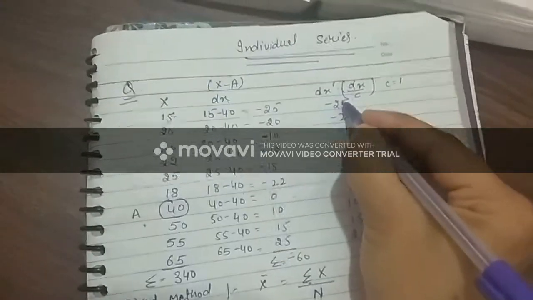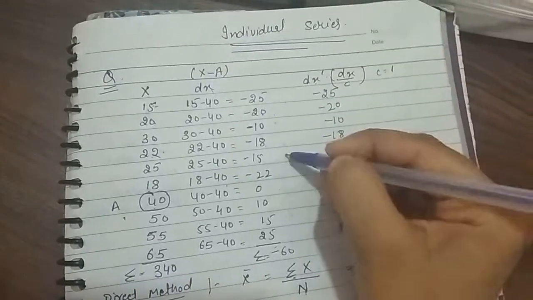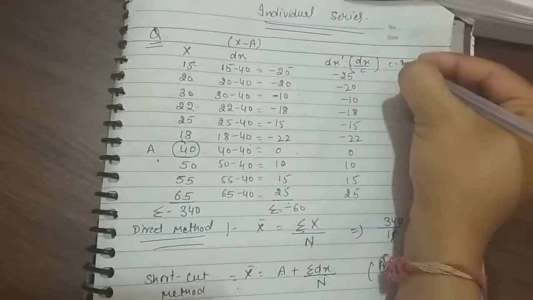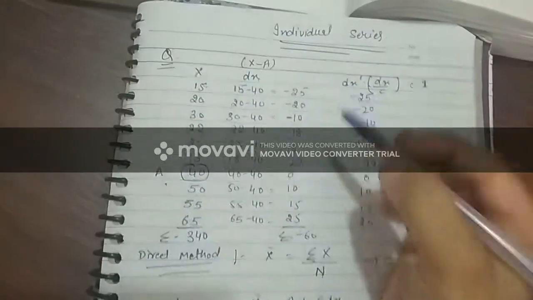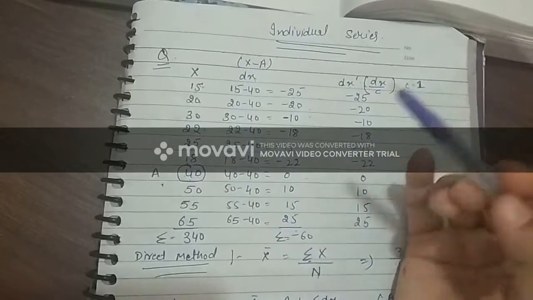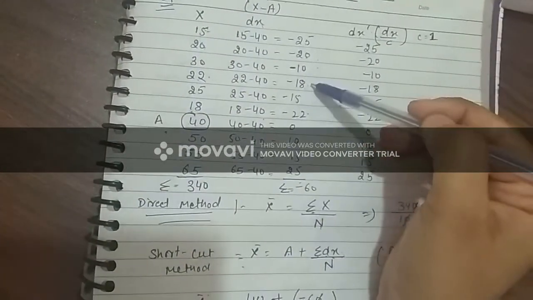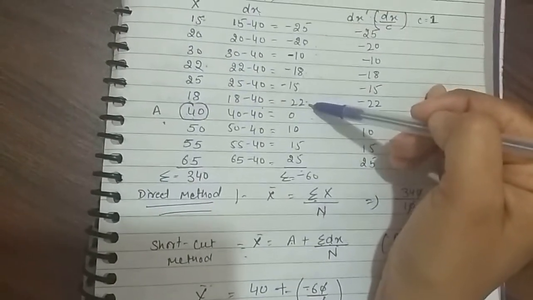The common factor should be one which easily divides all of them and does not give us any fraction. We can take 5 if we have 20 and 25, so that all of the digits are divided easily. But here we have 18 and 22, so we take 1.